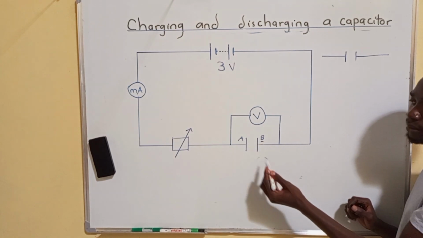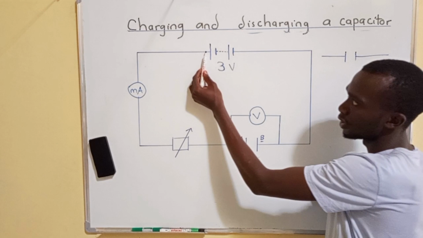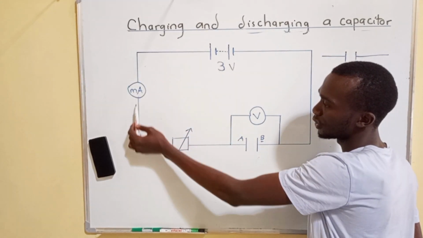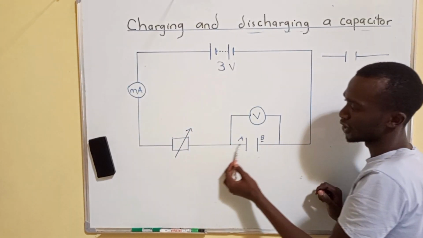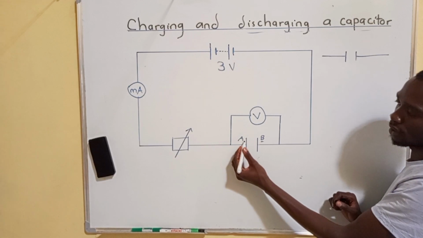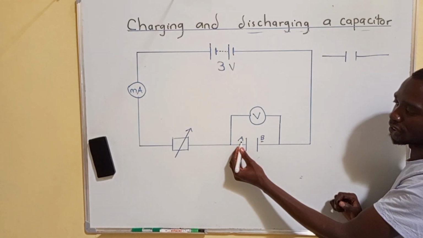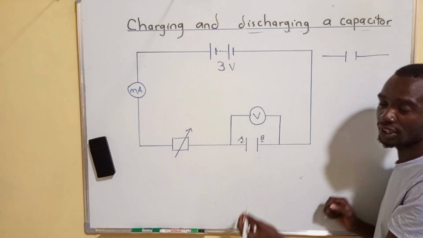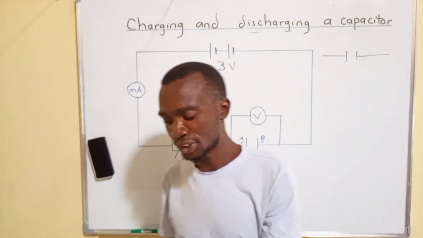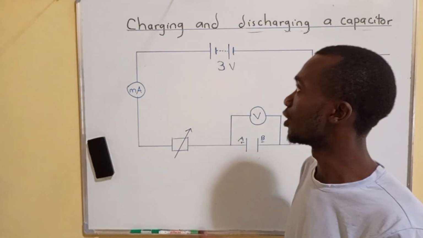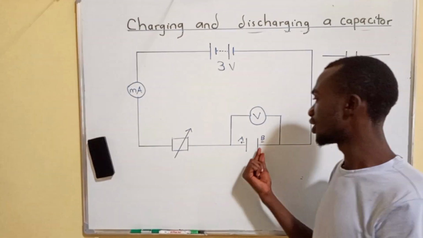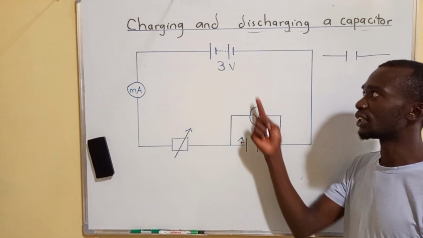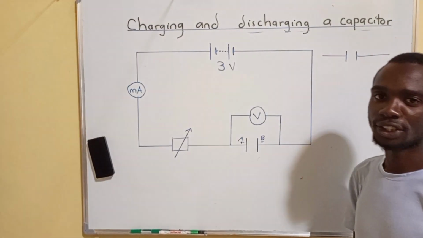And at the same time, the positive terminal goes through the milliammeter, through the rheostat to plate A. So this plate of the capacitor is positively charged because it is connected to the positive terminal of the battery. The negatively charged plate is connected to the negative terminal of the battery.